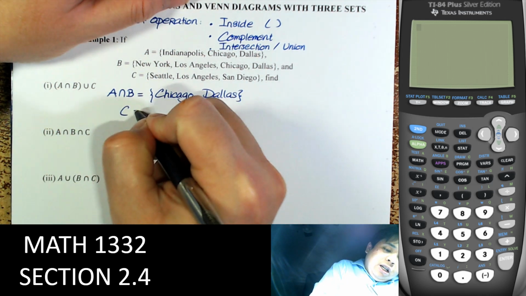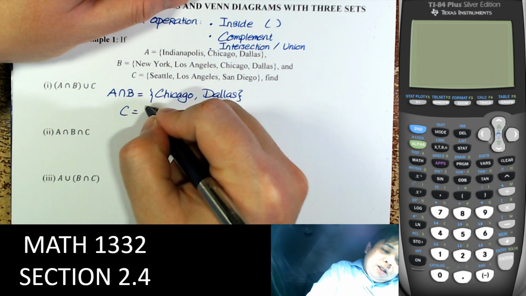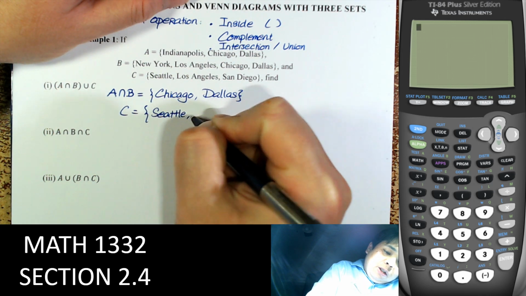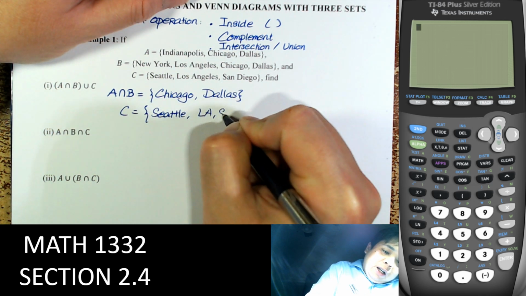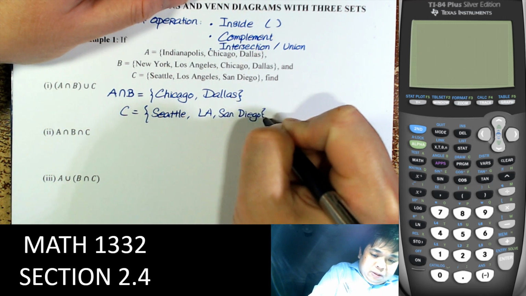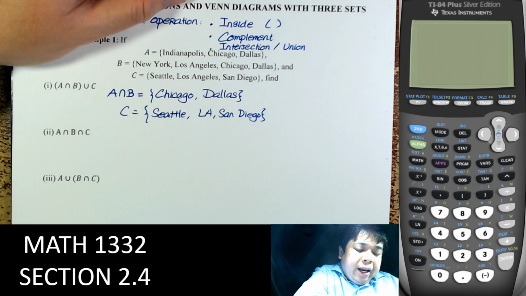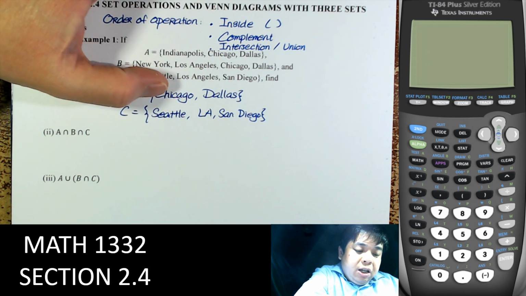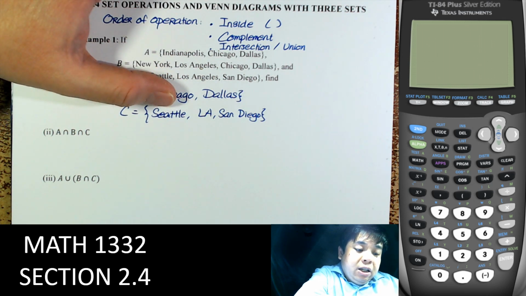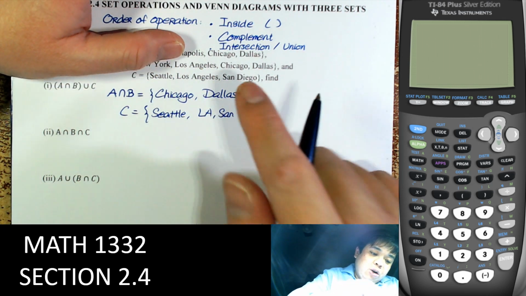Now C is this: Seattle, LA, and San Diego. Now we find the union of this. The union, of course, is either in this set, or in this set, or in both.